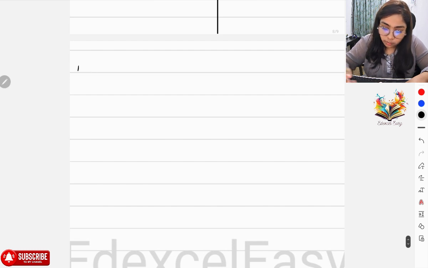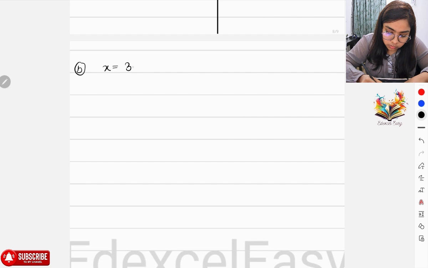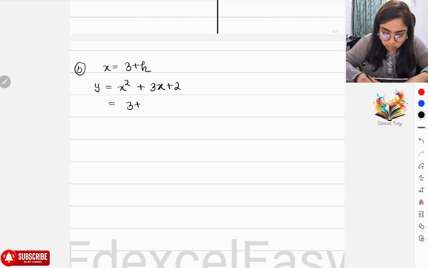So for part B, when x is equal to 3 plus h, y will be x squared plus 3x plus 2, so it will be (3 plus h) whole squared plus 3 plus h plus 2.